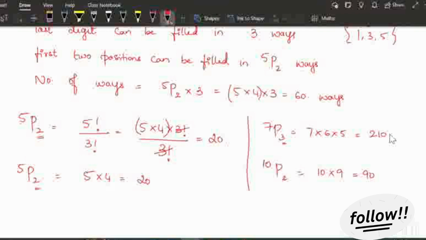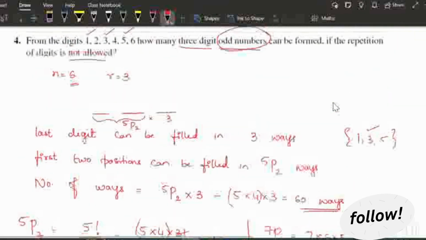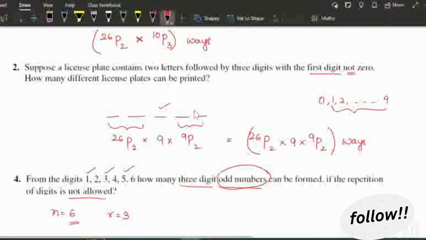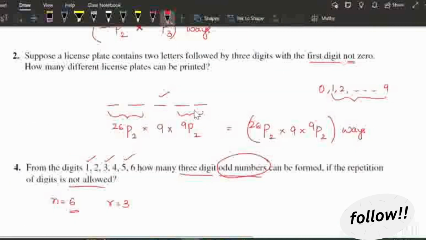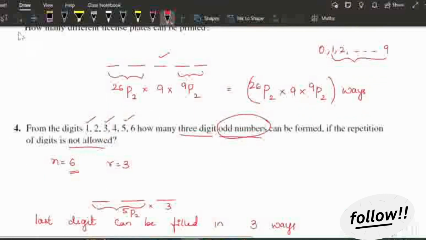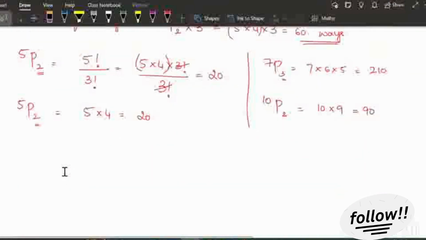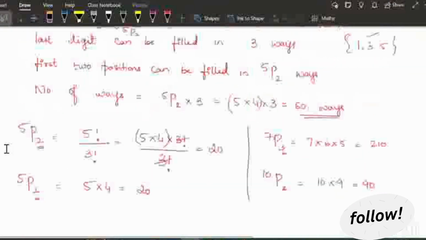You can write like this. So here 5P2 is 20 into 3. Totally we have 60 ways. Apart from this, we can also solve the questions on an individual position basis, where we are not actually using the permutation formula, but we are using the multiplication principle.